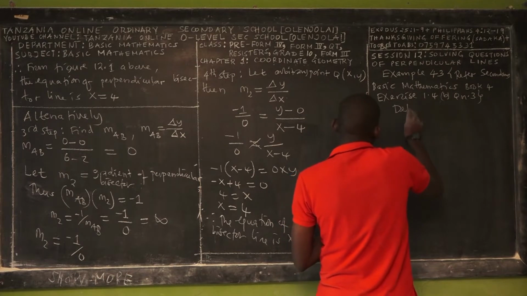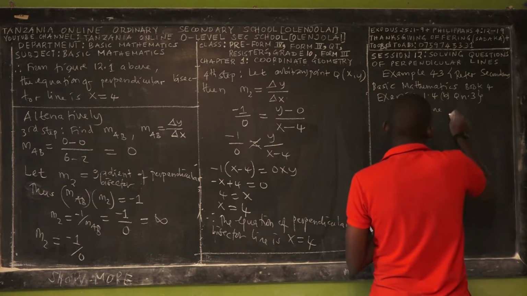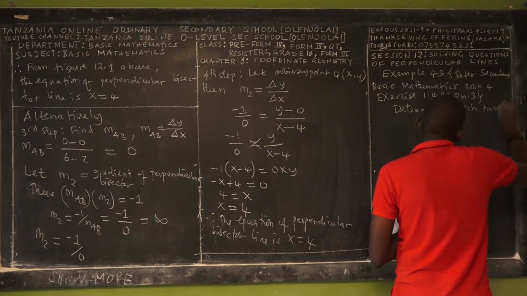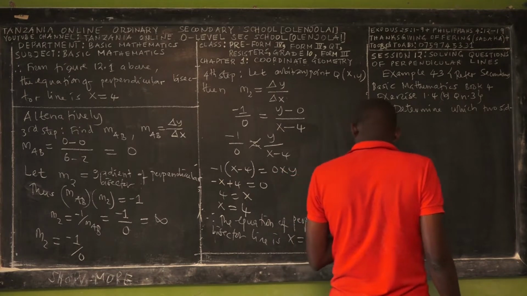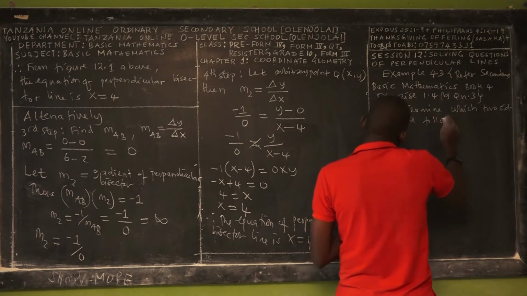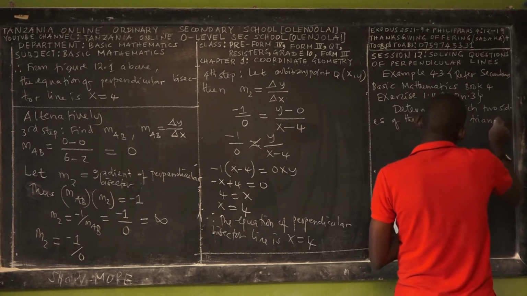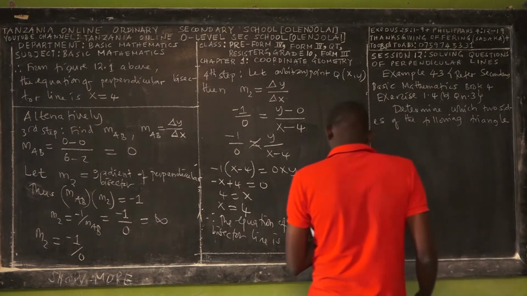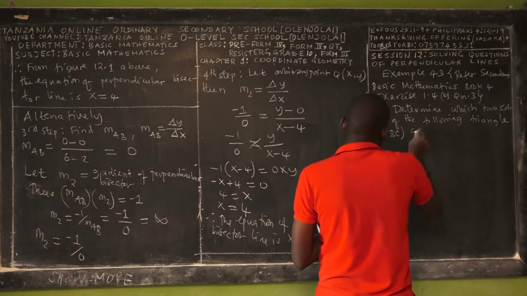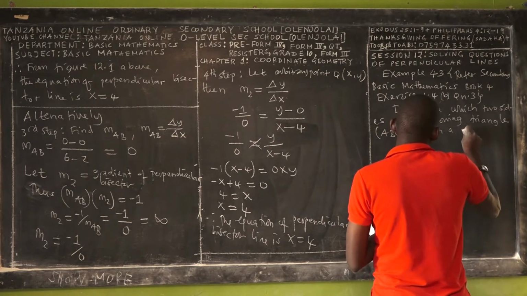So the question says: determine which two sides of the following triangle ABC contain a right angle.